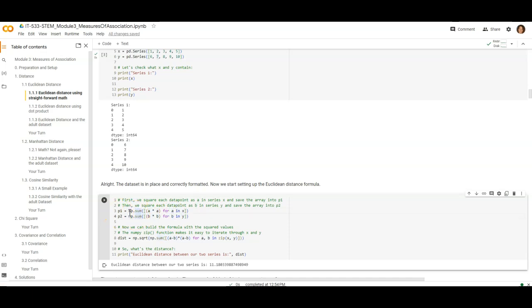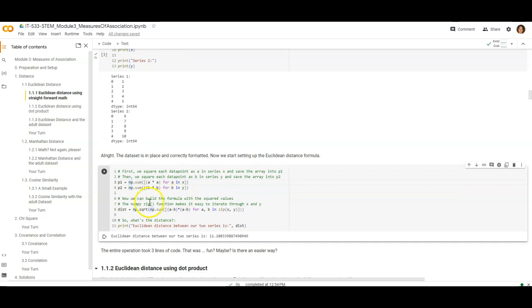So we're going to use the variables p1 and p2 here to store our arrays or to store our series in. And we're using our numpy.sum function here. Here is where we are squaring our values for each of our vectors here.